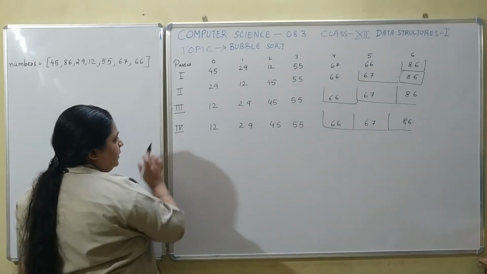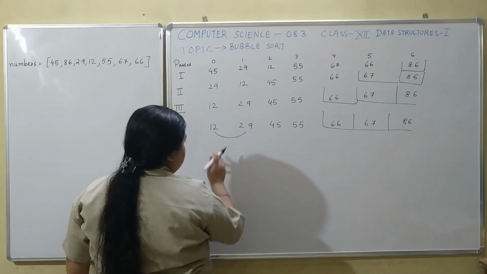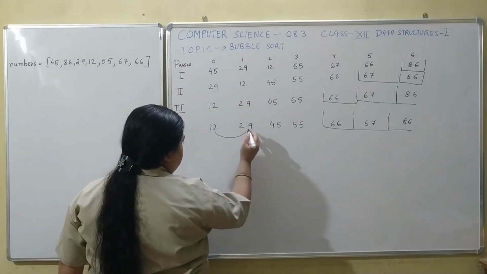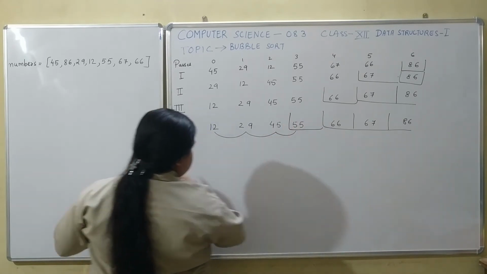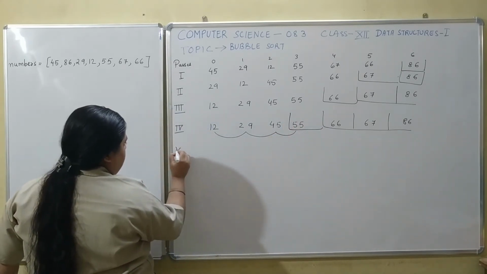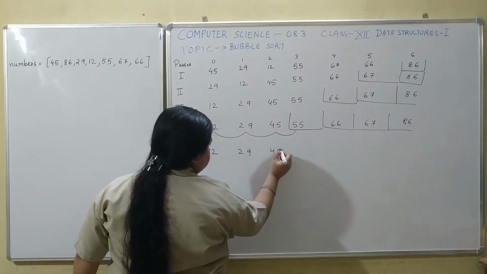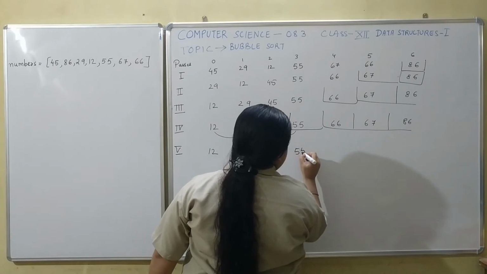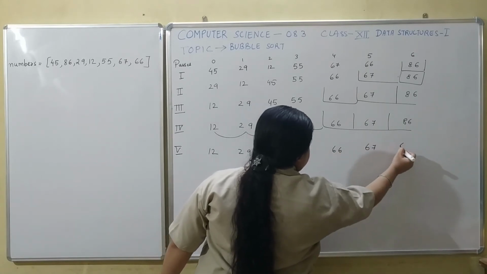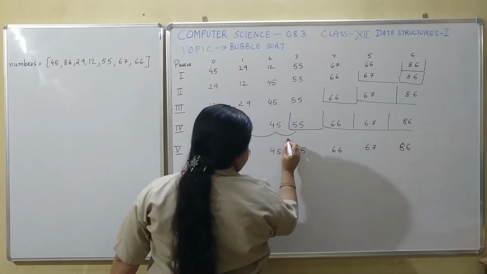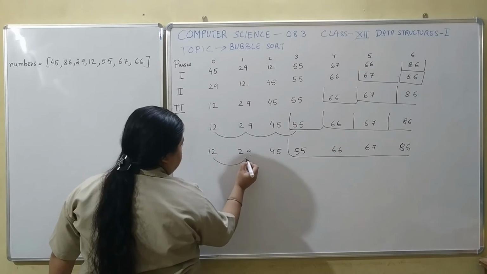At the fourth pass, you can see it will again check: is 12 greater than 29? No, no, no, and hence these positions will be fixed. In the fifth pass, it will check: is 12 greater than 29?